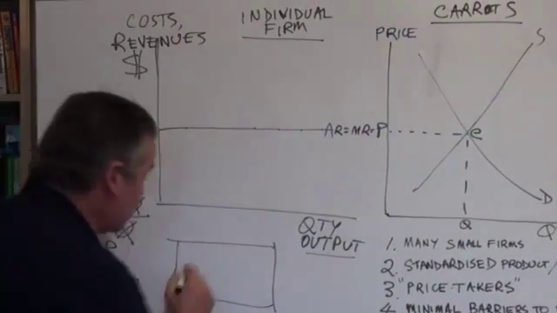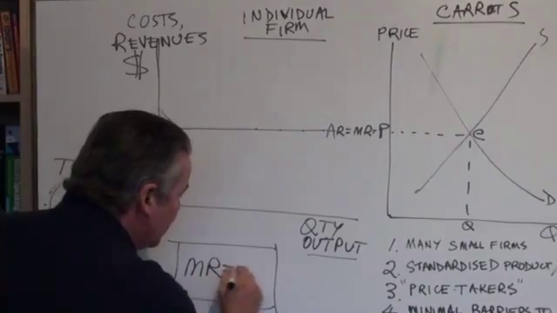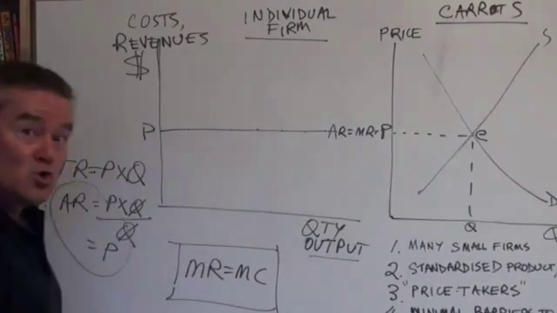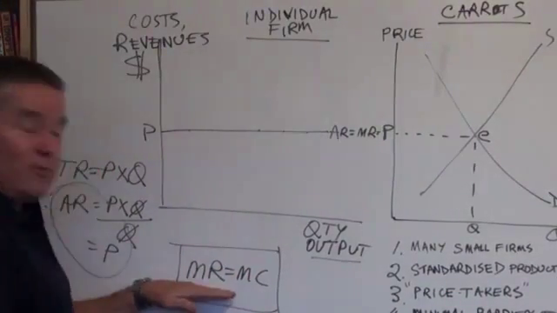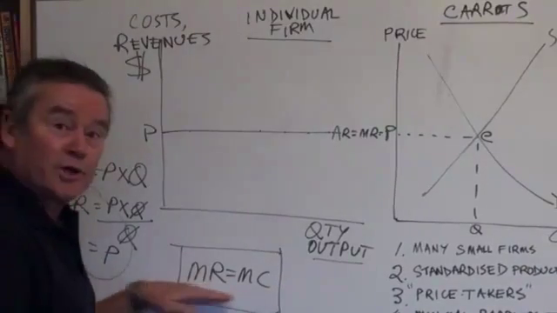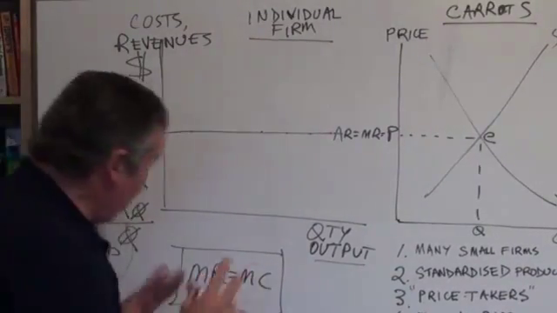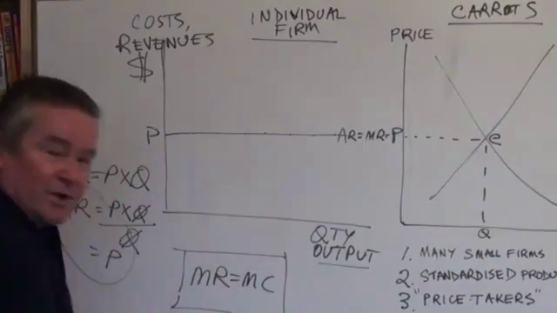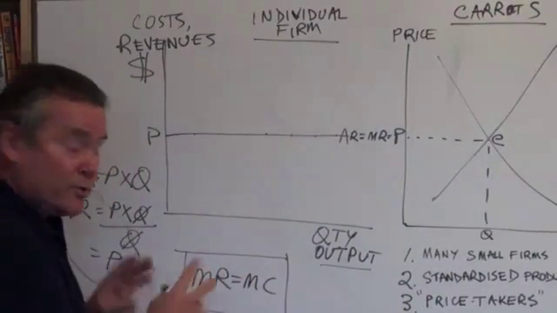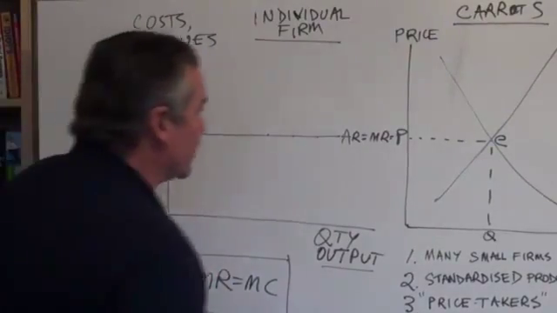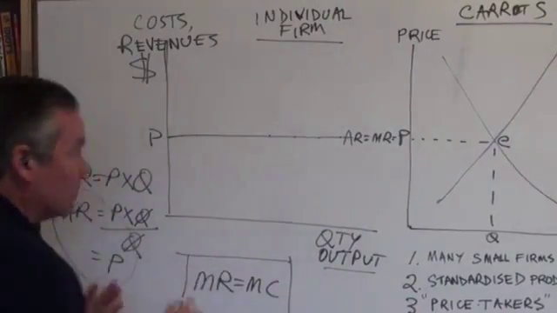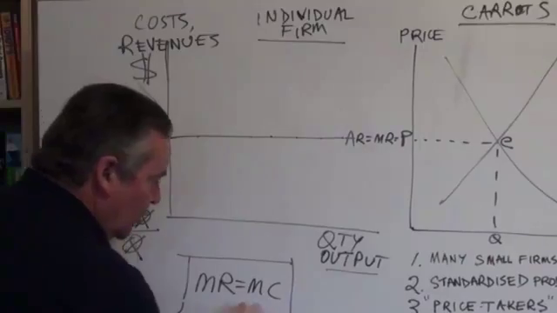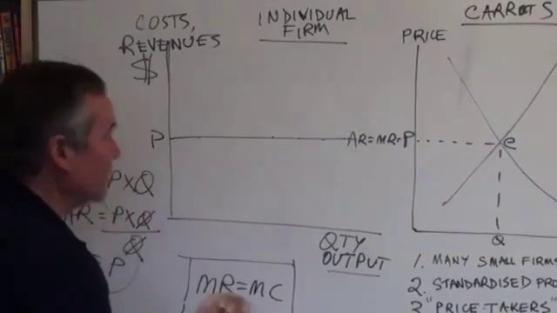Well, I'm going to suggest to you that the profit maximising rule for this firm is that they will produce according to this precondition. And we'll prove continually that this precondition is true for all firms, irrespective of the market structure they operate in. Okay, so we've got MR. Of course, we know what this little one looks like, don't we?